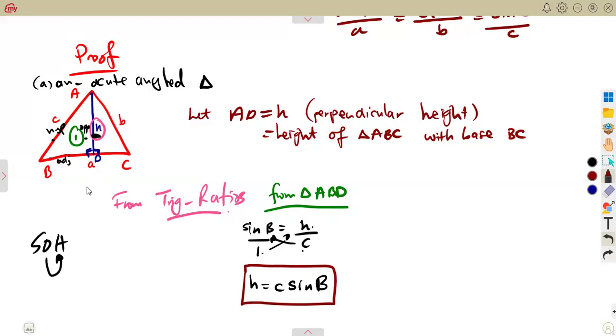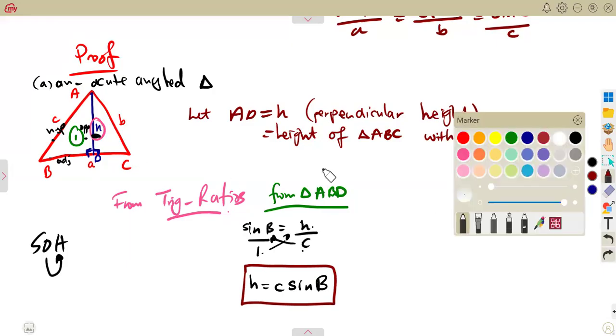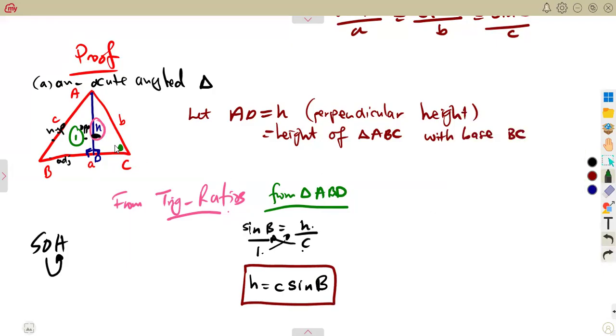Can we have the same thing from this other triangle that we are seeing, which is triangle ADC? In terms of the angle C that we are seeing here, h is the opposite. It is not going to change. Then B is the hypotenuse, the one that faces the 90 degrees, and that is the adjacent side.